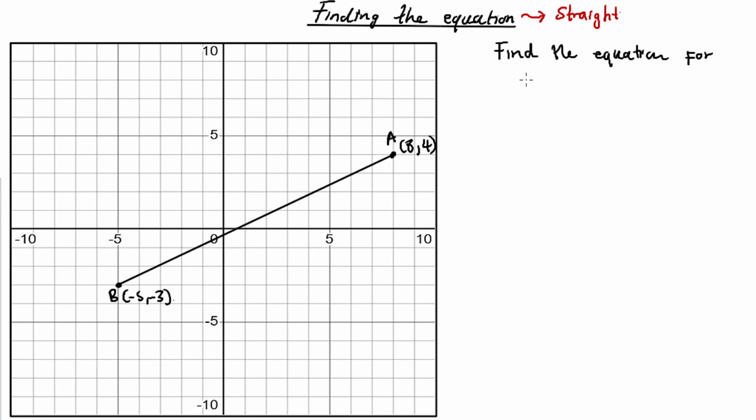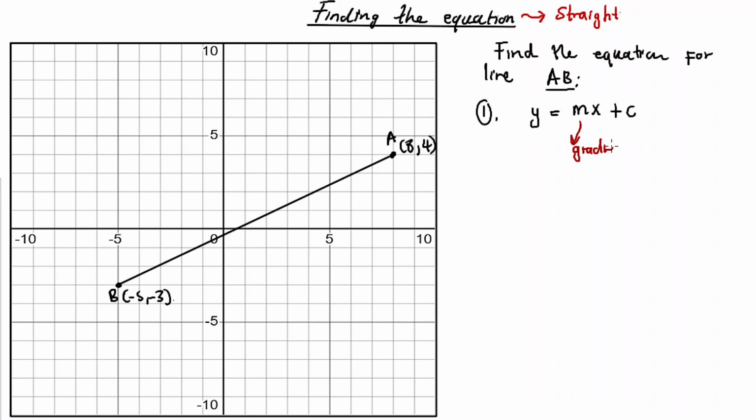For line AB. So let's use the first generic equation, number 1. We're going to use y equal to mx plus c to calculate the equation for line AB. What did I say? I said we need the gradient.